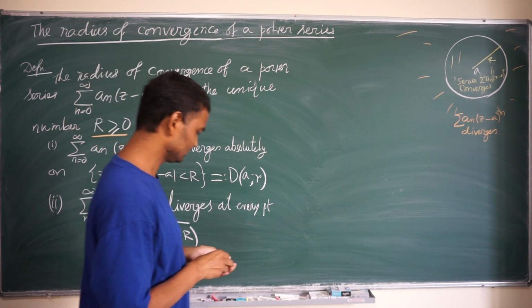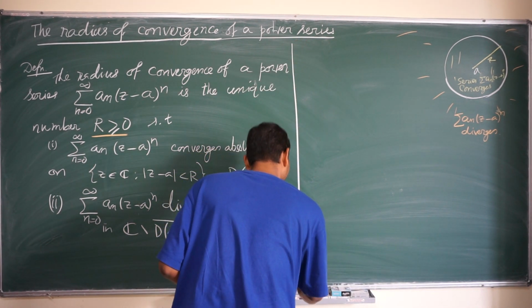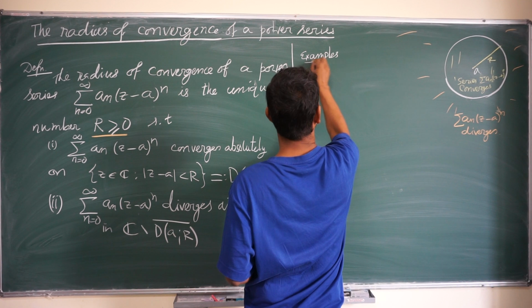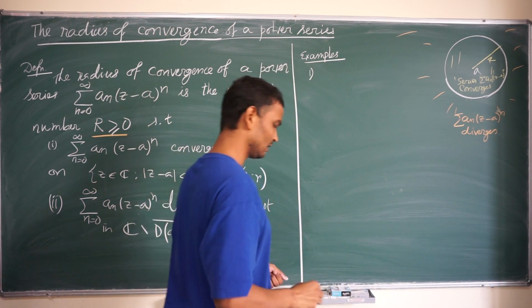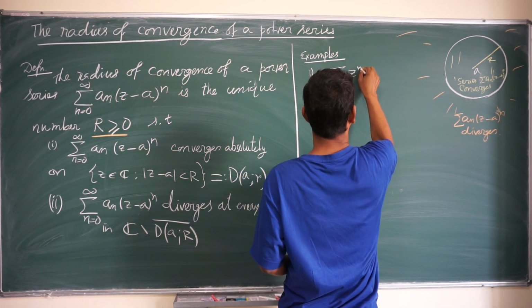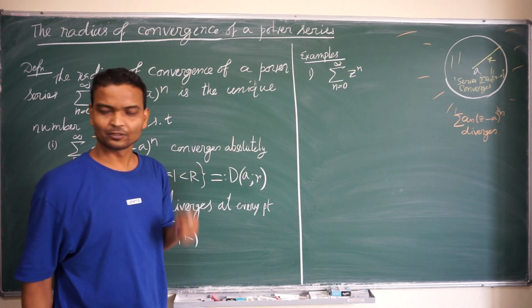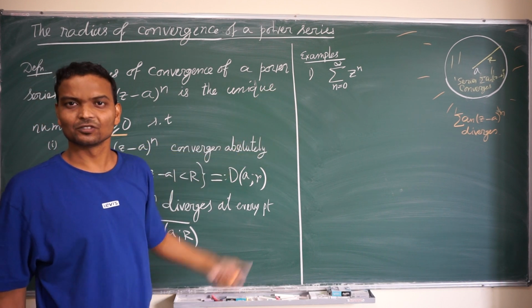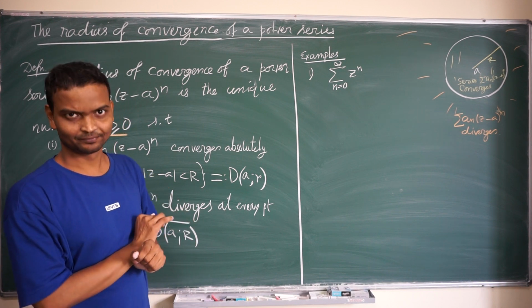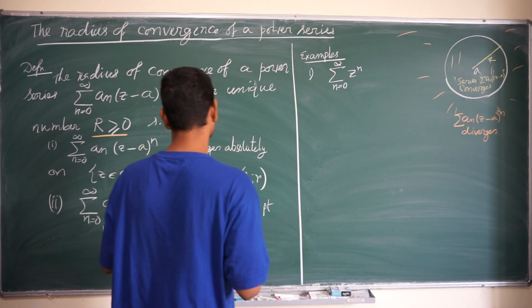Alright. Let's look at a few examples. Let me repeat the example which I did last time. First example, let's look at the geometric series. I am repeating this example again and again because this is very important in this course especially. So here, what will be the radius of convergence?